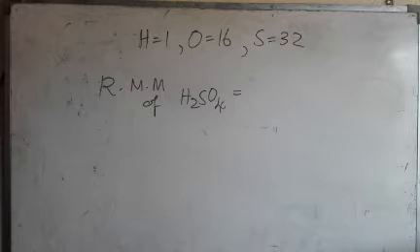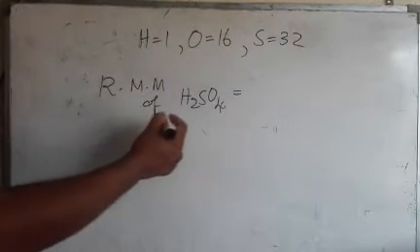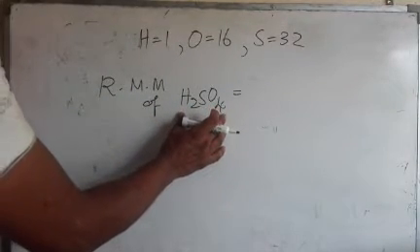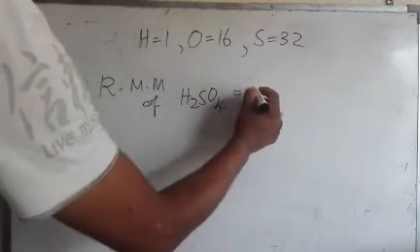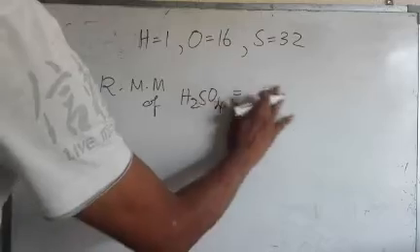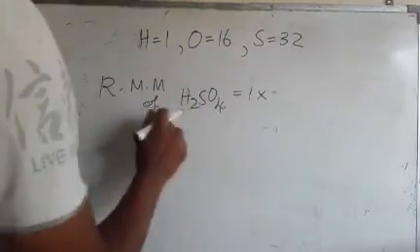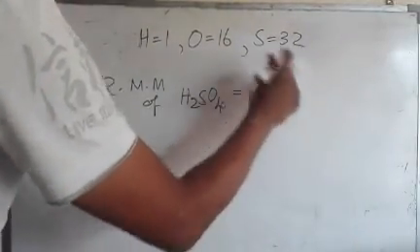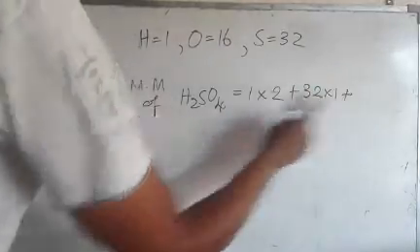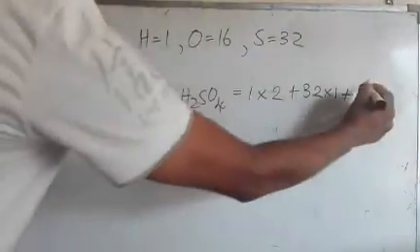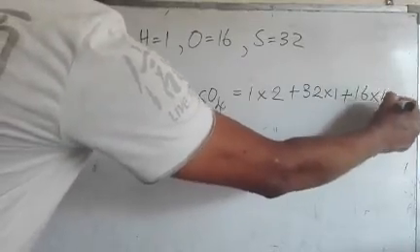First we look at the relative molecular mass of the sulfuric acid molecule. Here 2 hydrogens are there, so 1 into 2. 1 sulfur atom is there, and 4 oxygen atoms are there.